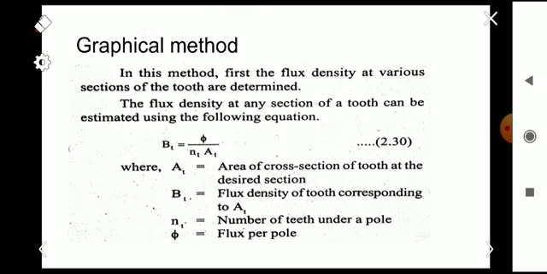In the graphical method, first the flux density at various sections of the tooth is determined using these equations. Here phi is the flux per pole, nt is the number of teeth under a pole, and at is the area of cross section of the tooth at the desired section.